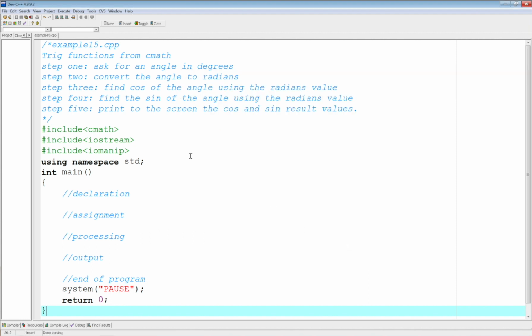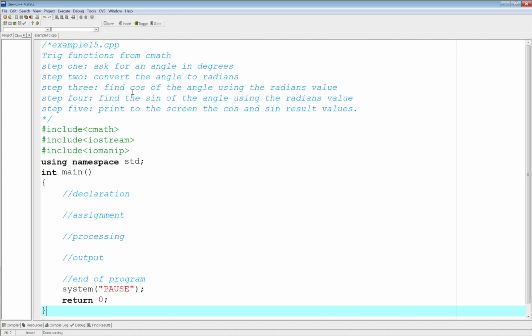As you can see, this is our basic strategy, how we're going to tackle this particular application. So the objective is to create trig functions from CMath. Step 1 will ask the user to enter an angle in degrees. Step 2 will convert that angle to radians.